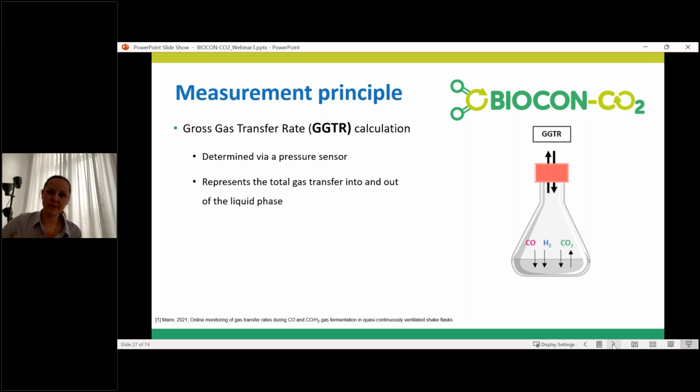Therefore, we looked at the gross gas transfer rate, which can be determined by a pressure sensor installed at the top of the shake flask, and represents the total gas transfer into and out of the liquid phase, measured in the headspace of the shake flask.